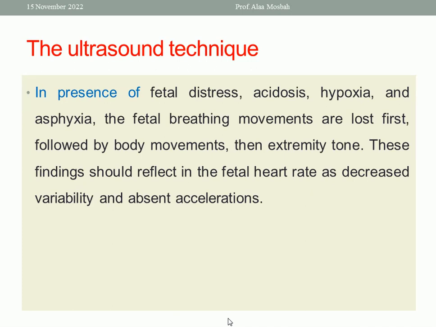In the presence of fetal distress, acidosis, hypoxia, and asphyxia, the fetal breathing movements are lost first, followed by body movement, then extremity tone. So these findings should be reflected in the fetal heart rate as decreased variability and absent accelerations.